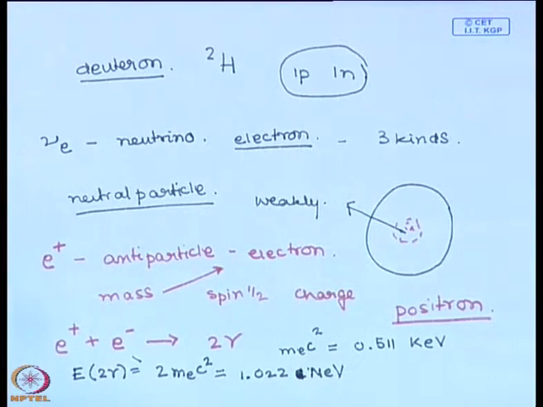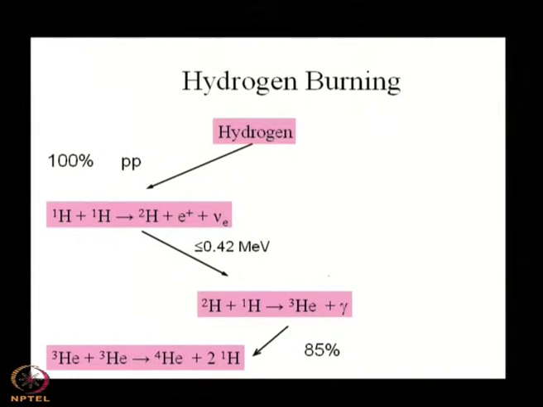And the next stage in this chain of reactions. So, in the next stage what happens? In the next stage, this deuteron again collides with another proton. This is a hydrogen ion.